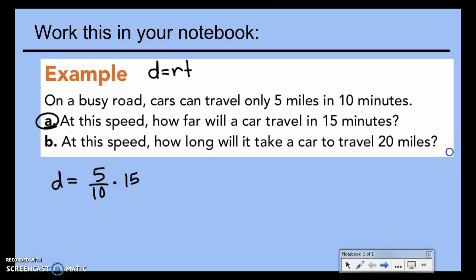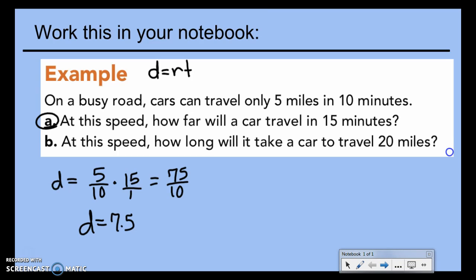Our distance will be 5 times 15, over 10 times 1, which is 75 tenths, also known as 7.5. I don't think that makes sense.